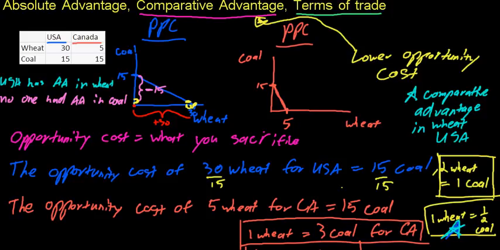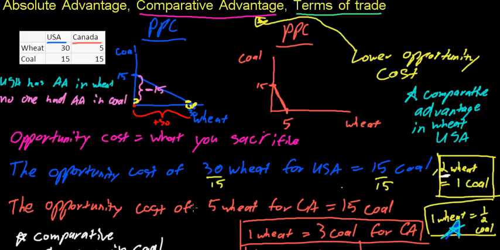So because 1 unit of coal is only equal to 1/3 a unit of wheat, and 1/3 is less than 2 for the USA, Canada has a comparative advantage in the production of coal.